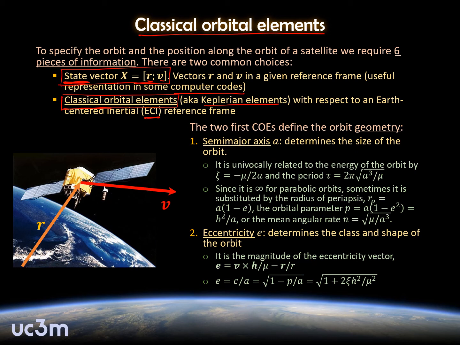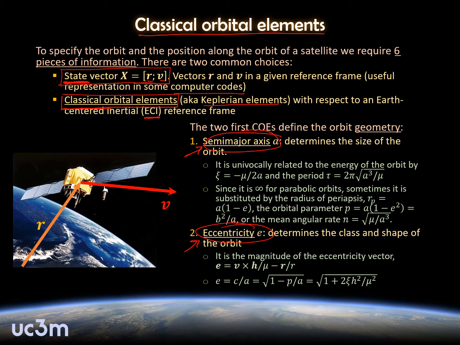The first 2 classical orbital elements are numbers that you already know. So the first one is the semi-major axis of the orbit, and the second one is the eccentricity. These 2 classical orbital elements define the geometry of the orbit. The first one, the size, the second one, the shape or the type of the orbit.